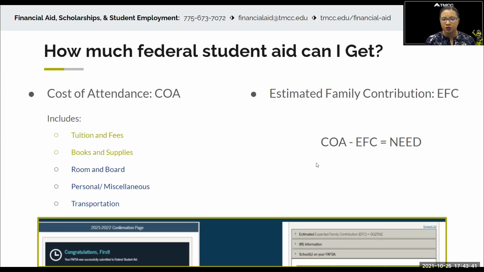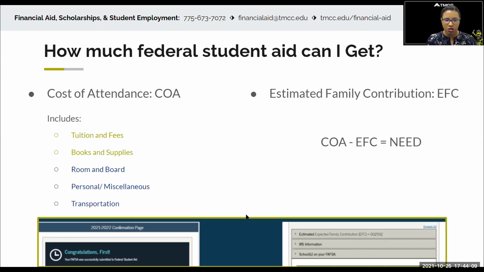So from a financial aid administrator perspective, that would be a myth. The reason being that students can get scholarships, they can get non-need-based aid. For example, here at TMCC, we have some grants that we put a certain percentage away for students who particularly don't have any need.